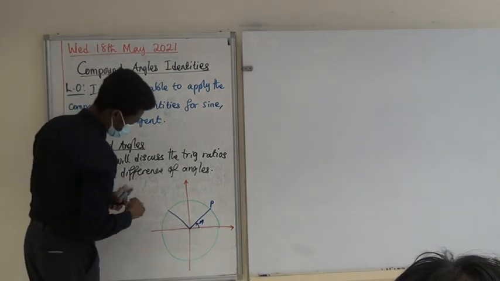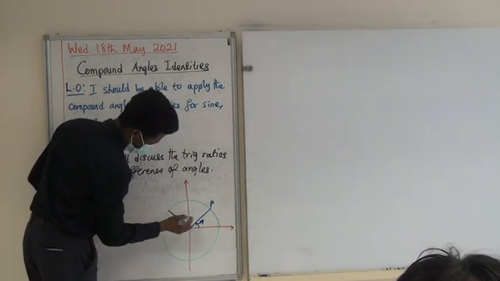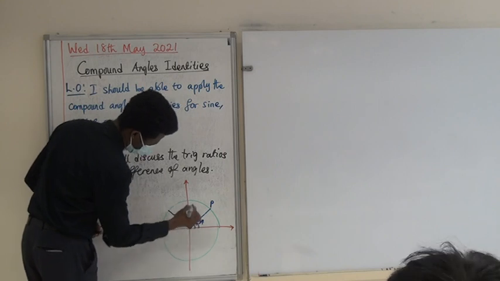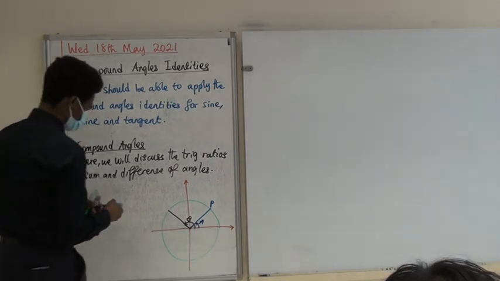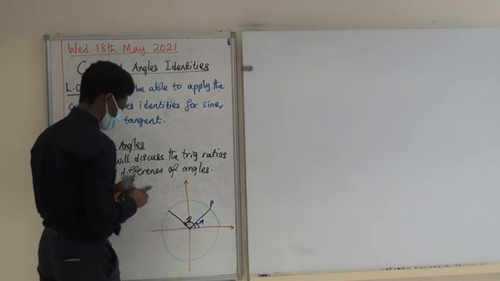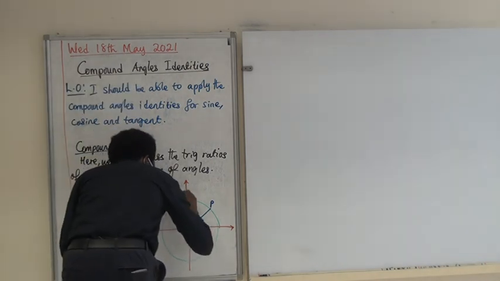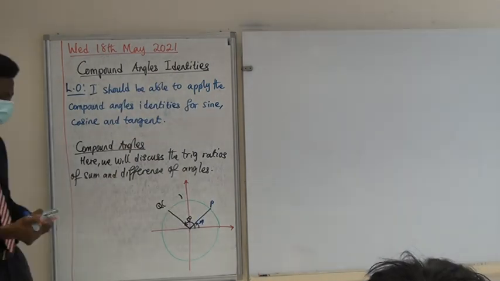And Q is here. The angle of inclination for Q is B. Can you see? The angle from the origin. Now this is Q. What are the coordinates of points here? And what are the coordinates of points here? We talked about it the last time.